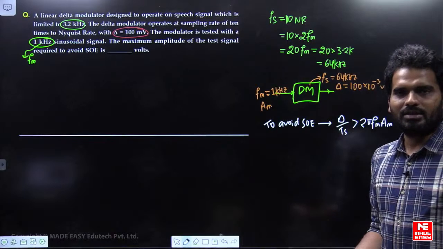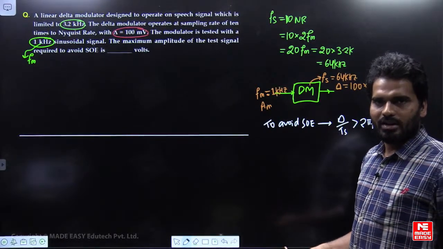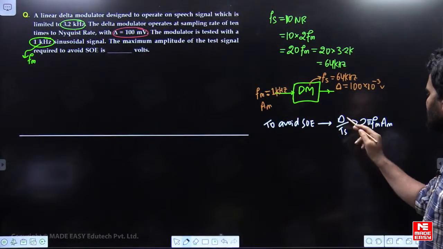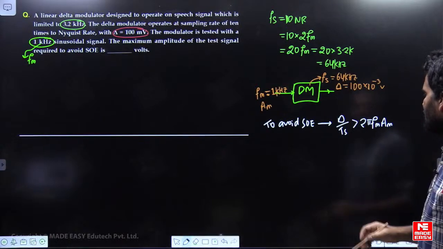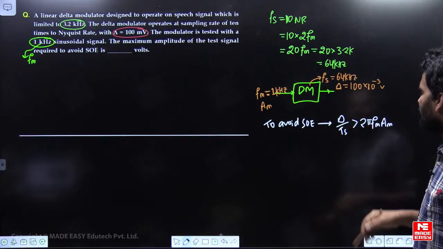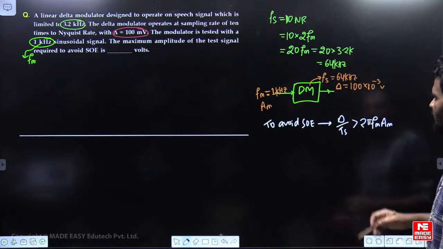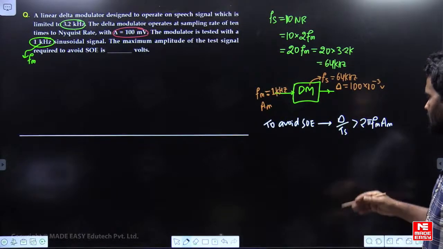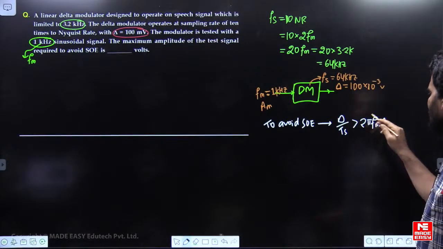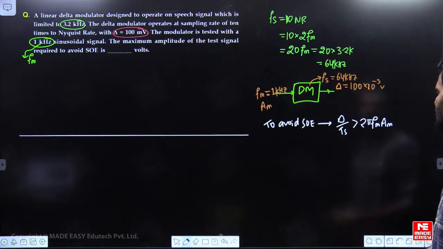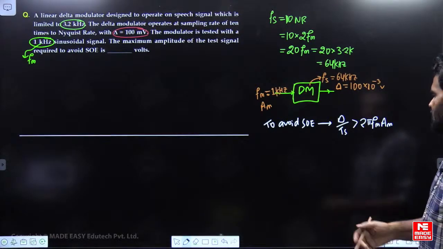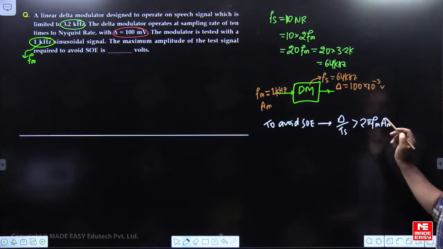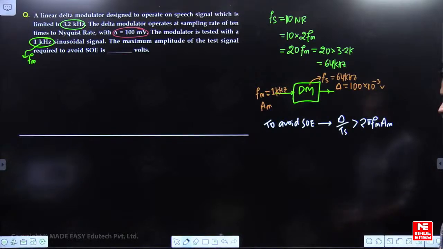When the sinusoidal signal is applied, this is the condition to be satisfied to avoid SOE. Delta by Ts, the slope of the reconstructed signal, should be higher than the maximum possible slope of the original message signal. The maximum possible slope of the sinusoidal message signal is of course 2 pi Fm Am.